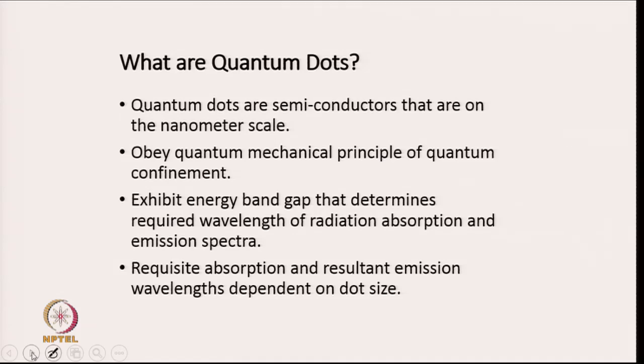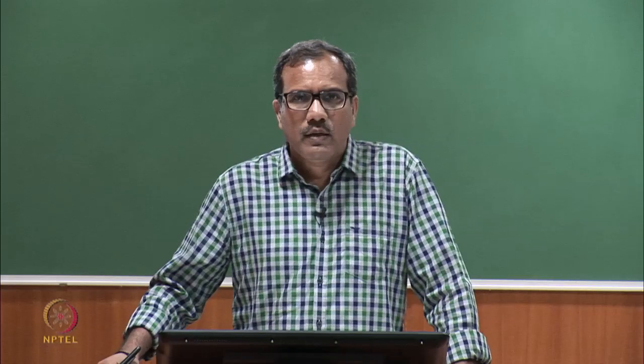What you will find is that the absorption and resultant emission wavelength depend on the size of the quantum dot, and that can be explained on the basis of modeling it as a particle in 1, 2 or 3 dimensions.